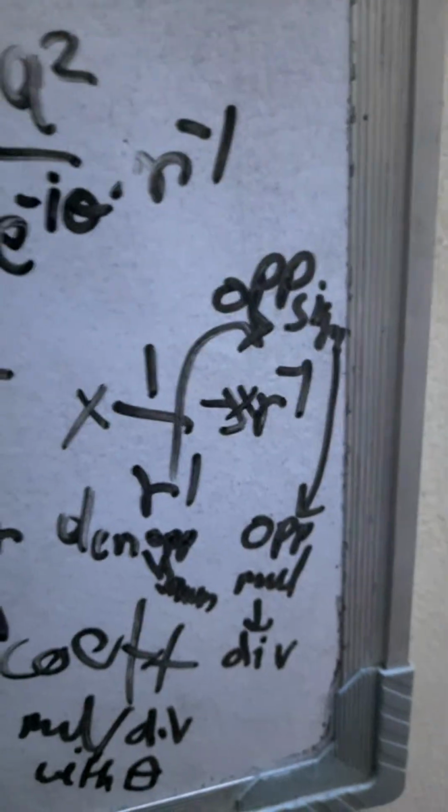Since it is divided by r, and the power tells how many times we multiplied it, I want to put it in multiplication. If I put the opposite sign, minus, it still shows the divided by r. So the power says how many times we multiply.